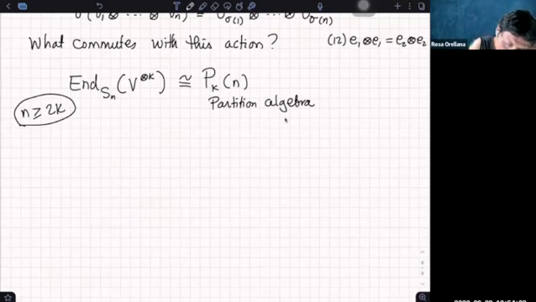So notice that if a linear transformation or a matrix, right?